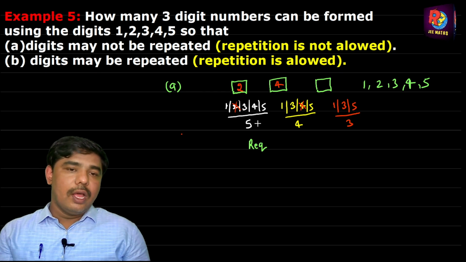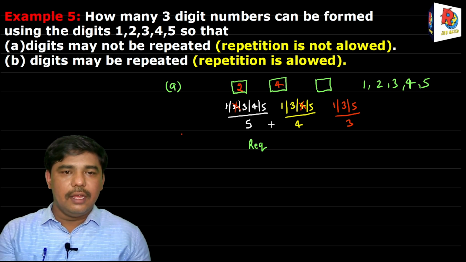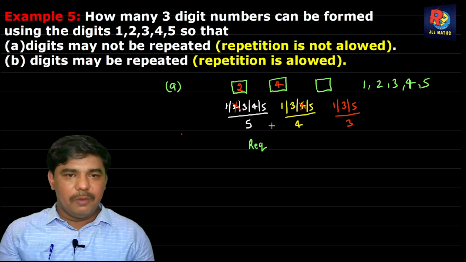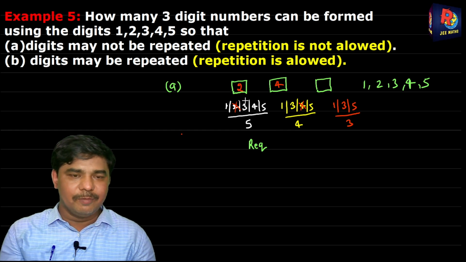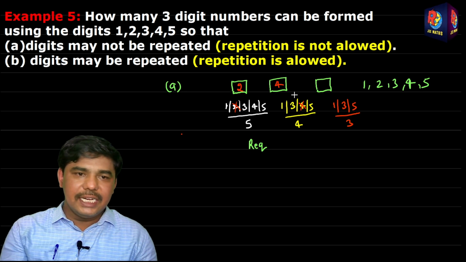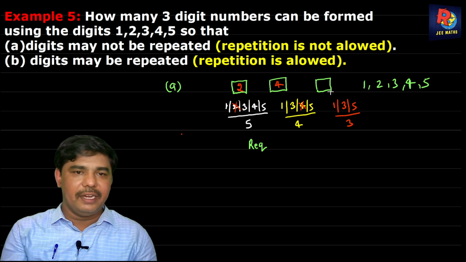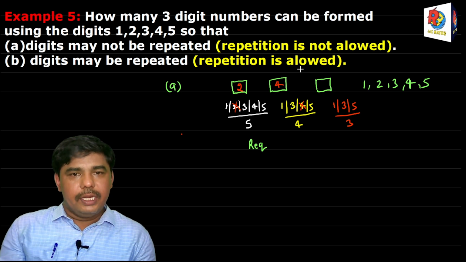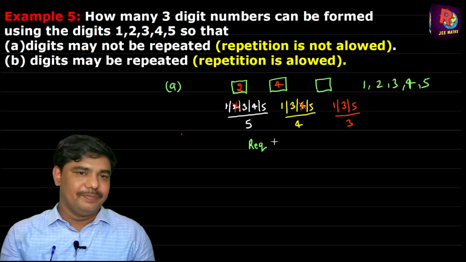You can observe here, the application is one by one only, it will be possible. After filling the first digit, it is not completed. After filling the second digit, it is not completed, and only after filling the last one will it be completed. That means one depends upon the other, so compulsorily we need to apply the multiplication rule.